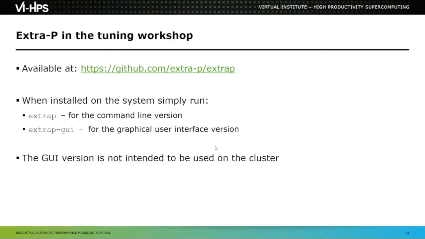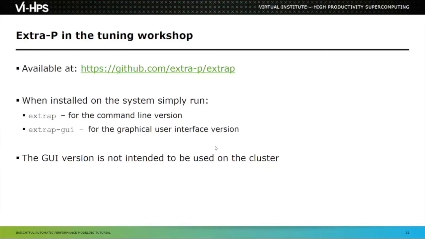For this workshop, I already shared the version of Extra-P with you in the chat, but here's the link again. You can simply go to our GitHub page, and there you will find, first of all, the documentation of Extra-P and a little guide on how to get started and how to use it, as well as some sample data. And then you will see there are two tools or two applications that you can run.